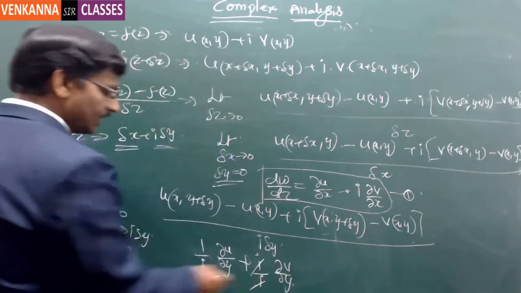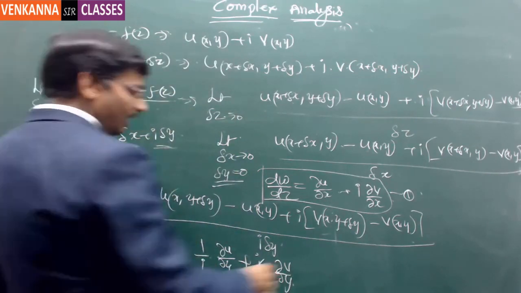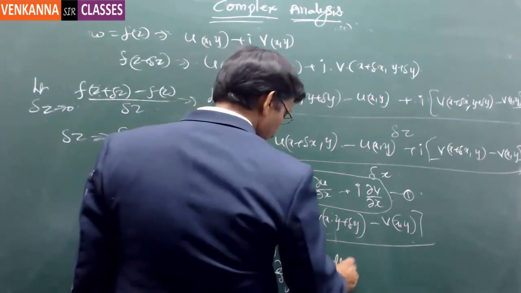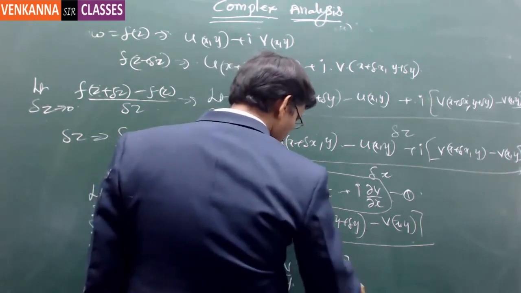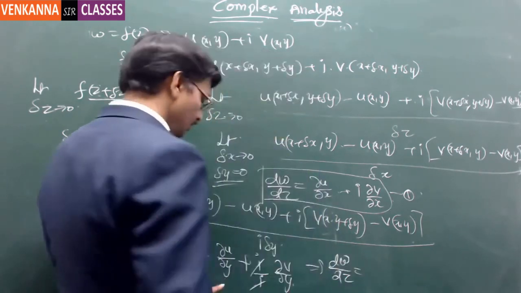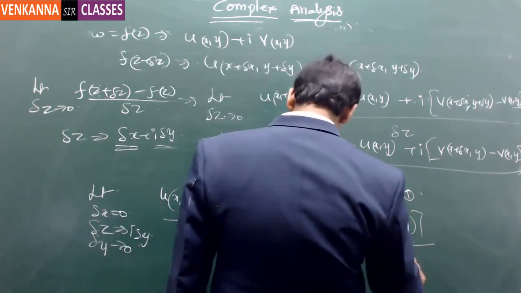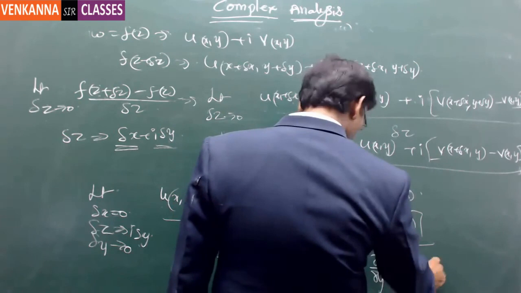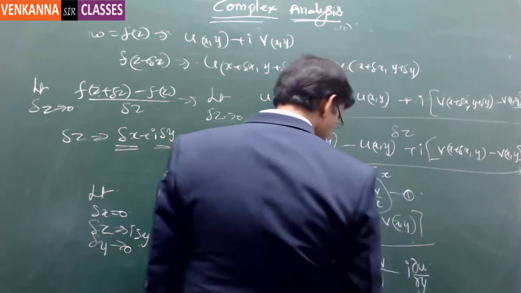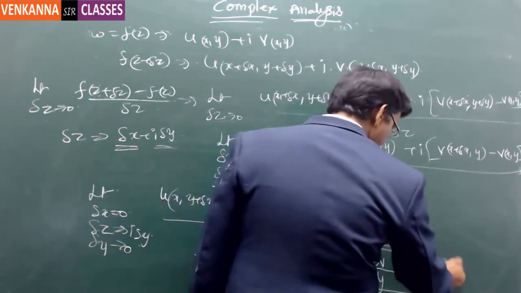So this I cancel, 1 by I means minus I. So this is dw by dz is equal to dou v by dou y minus I times dou u by dou y. This is condition number 2.